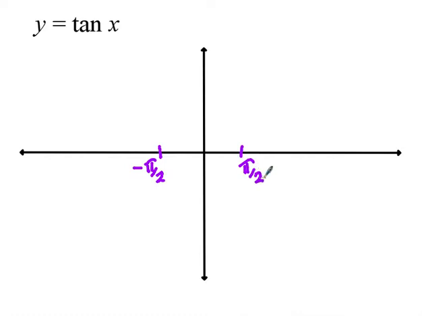Now, if you remember, it had some weird things happen at pi over 2 and 3 pi over 2. It was actually undefined at those values.